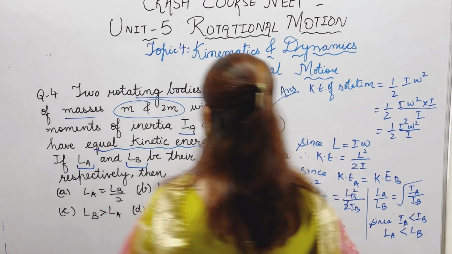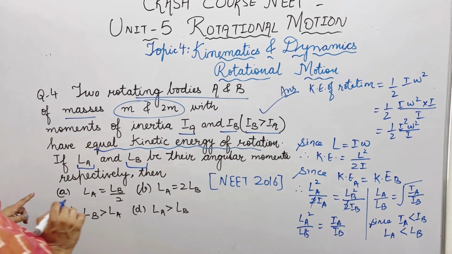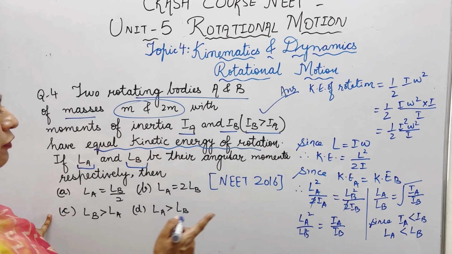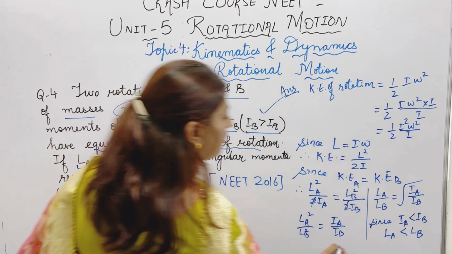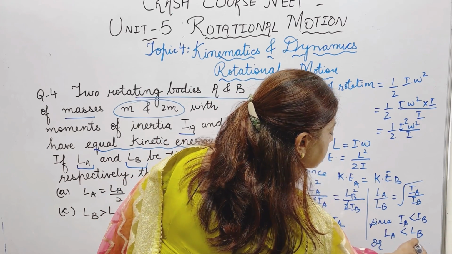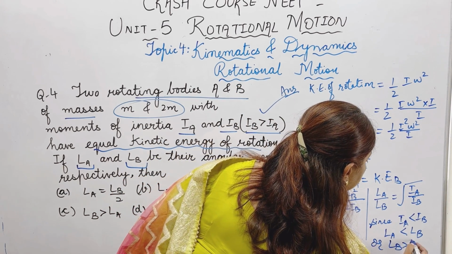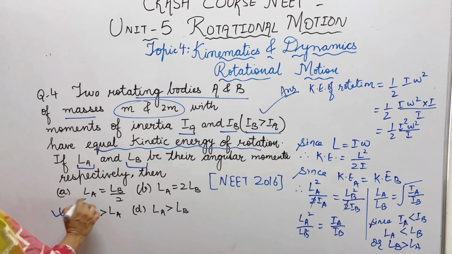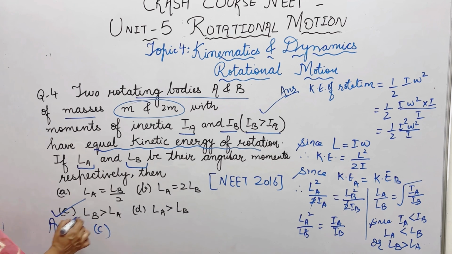So if we look at the options, we have option number C. LA is less than LB, or LB is greater than LA, one and the same thing. So the answer for the fourth is option number C: the angular momentum of body B is greater than angular momentum of body A.